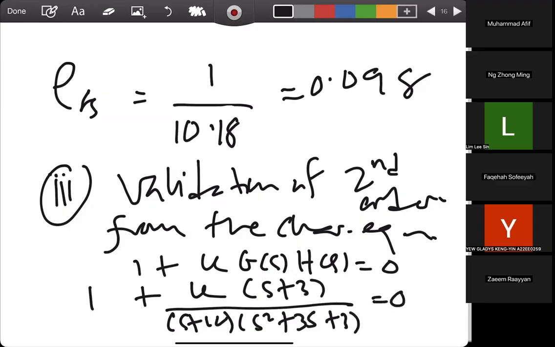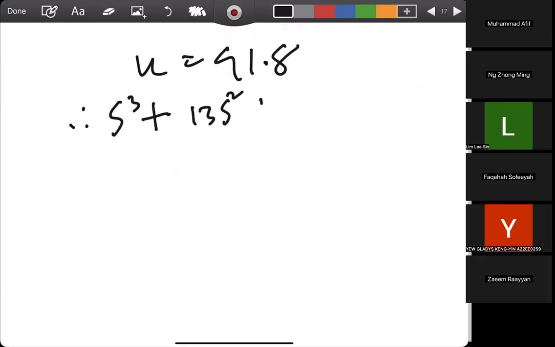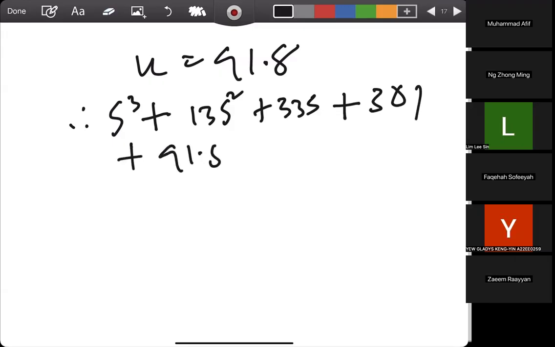So K is 91.8. So S cubic plus 13 S square plus 33S plus 301 plus 91.8 equal to 0. Okay.